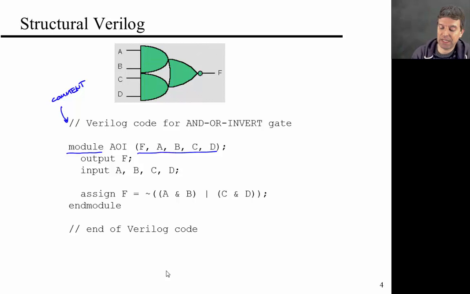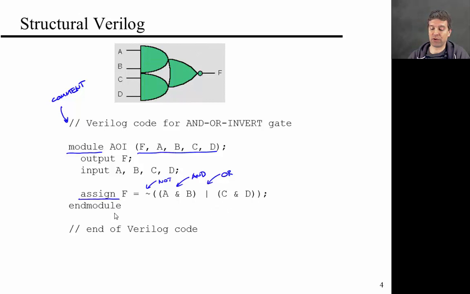Okay. Another keyword here is assign. With this assign command, you're really just specifying the circuit. So you're saying your F here is equal to not (A and B) or (C and D).